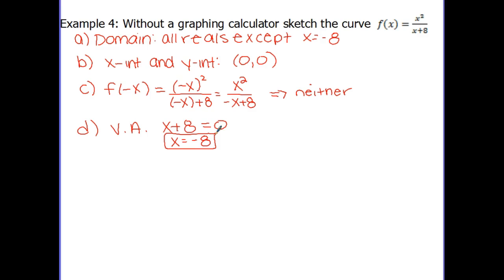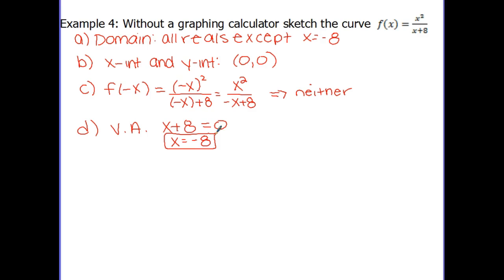Do we have a horizontal asymptote? Is it at 0? No. Is it 1? No. If the numerator is bigger than the denominator, then it is a slant.